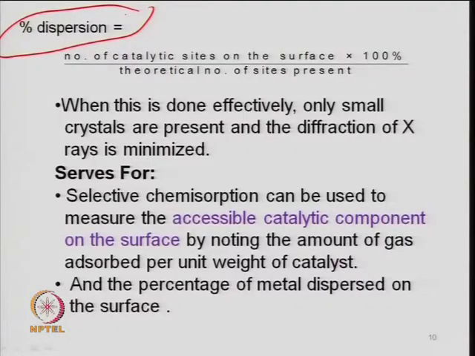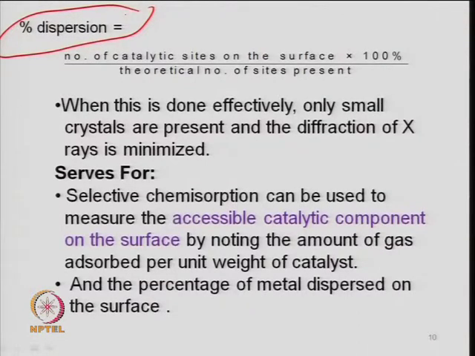So, we talk about dispersion, which I already defined: the number of active sites on the surface divided by the theoretical total number of sites which are present. Theoretical means what you have calculated for the preparation of the catalyst. You have prepared 10 weight% of platinum on alumina.